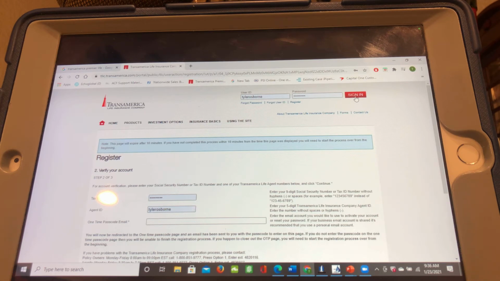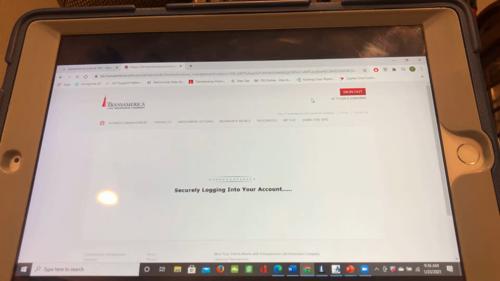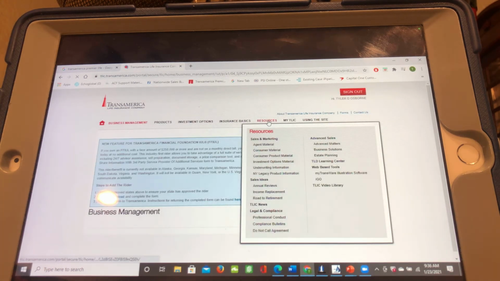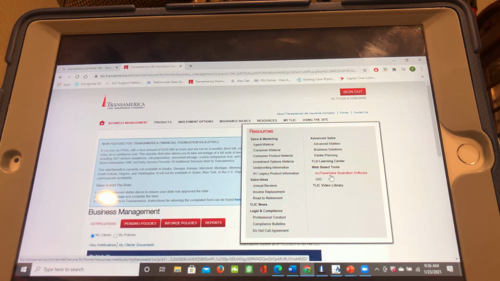All right. Once we sign in, we're going to go to resources, then web-based tools, and under it's going to say My Transware illustration software.